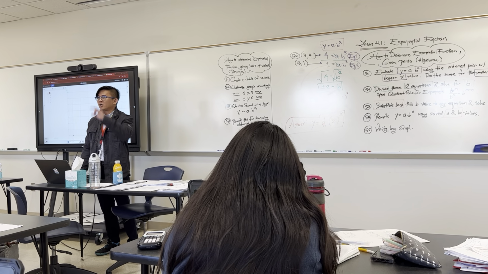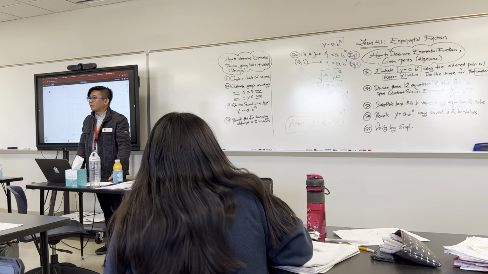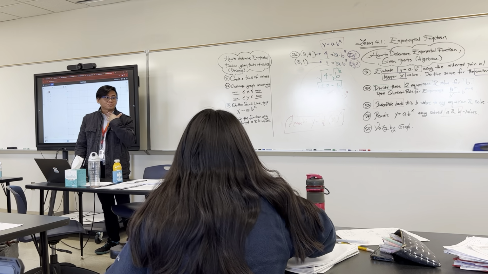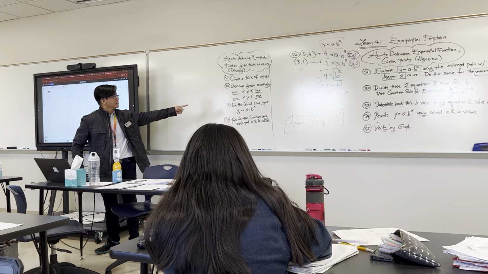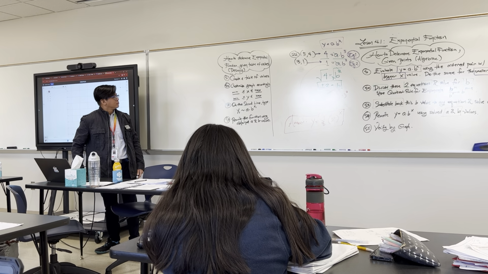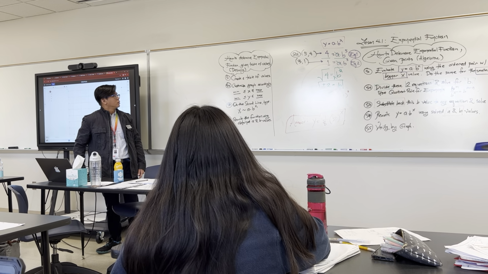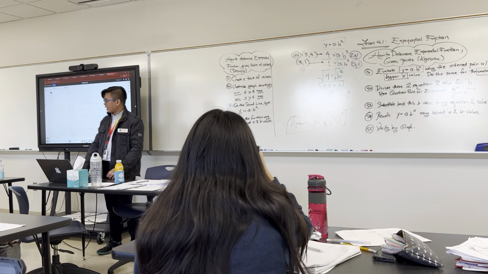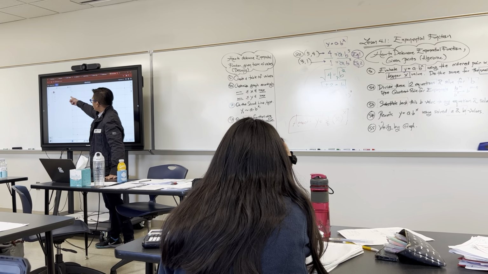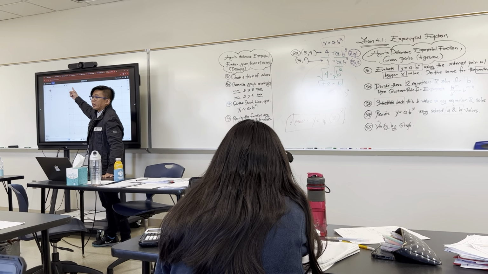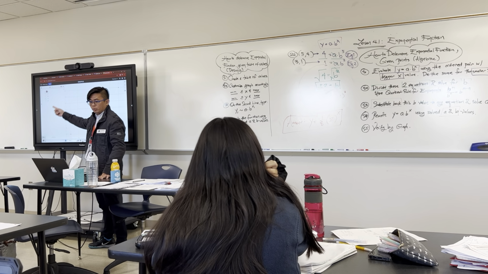Step number 3. Let's read step number 3. What do we do? Christian? On the second line, type y equals a times b to the power of x. Yeah, thank you. So make sure that the table says x1, y1. You see that x1, y1?